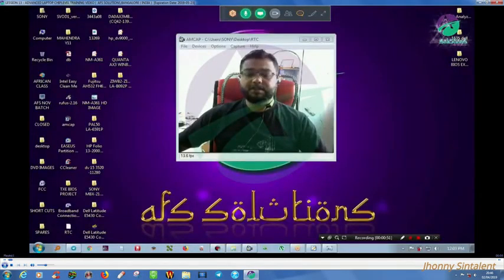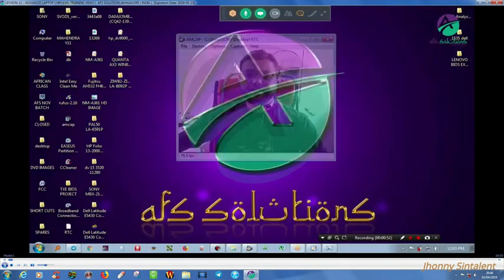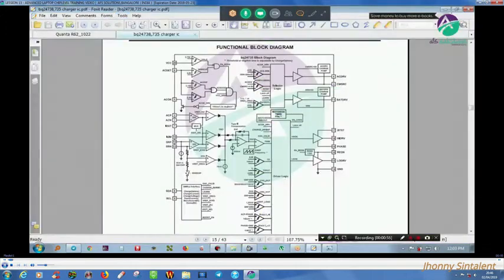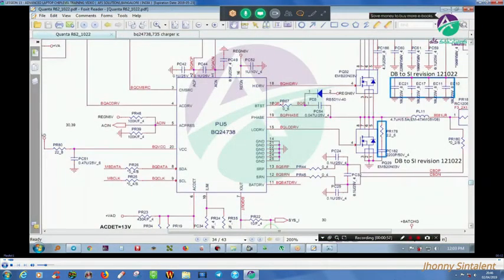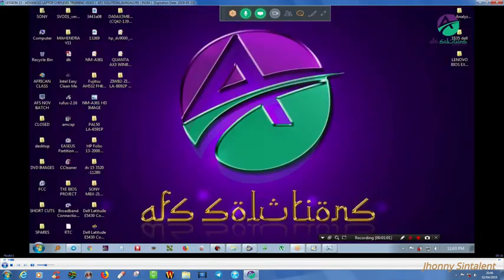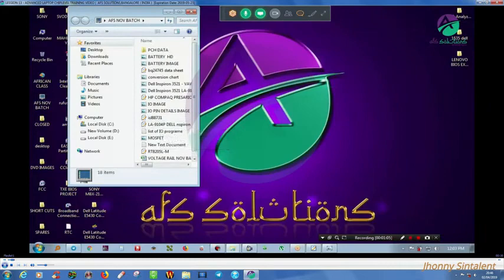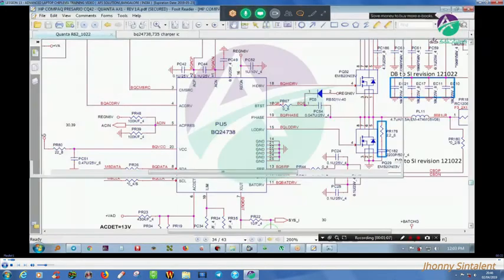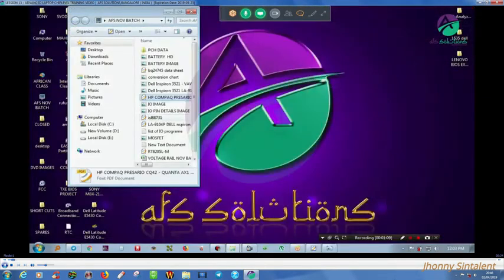So coming back to the subject, we were in the charging section. Let us go to the core of the charging section. Okay, coming to the core of the charging section, I would like to address some things, so please listen carefully to what I am trying to tell. I would like to open some more schematics here.